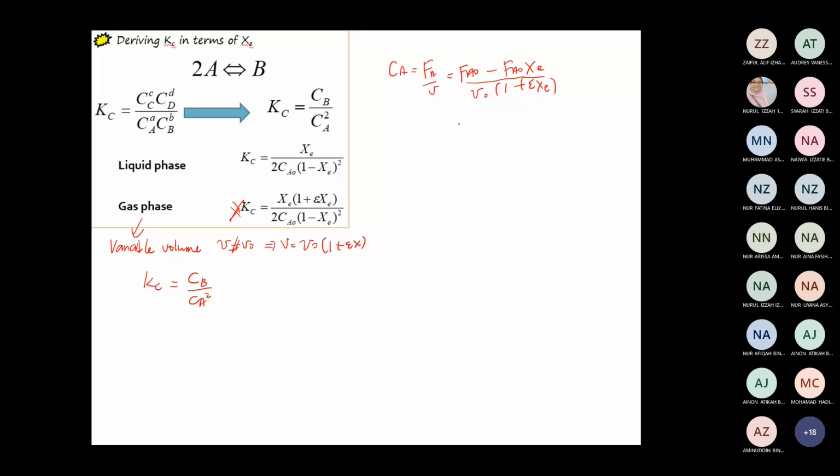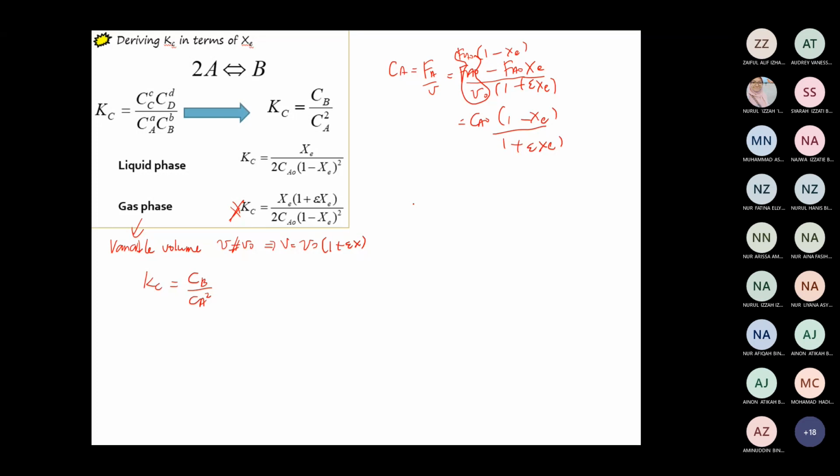So we have CA0 (1 minus XE) over (1 plus epsilon XE). So this is the answer. Tahu kan yang ni kita keluarkan, this is FA0 (1 minus XE). Bila awak keluarkan FA0 over V0 ni akan jadi CA0. And then this one remain, and this one per dengan ni.